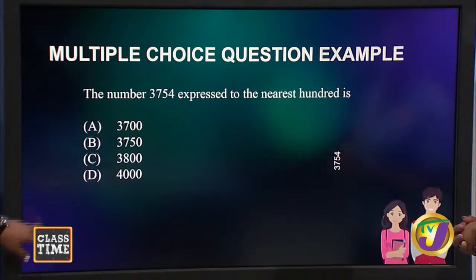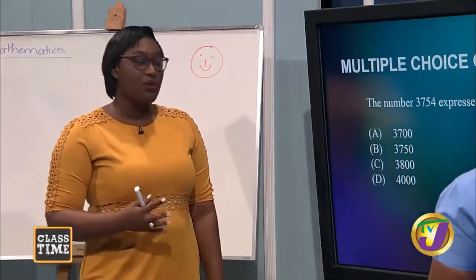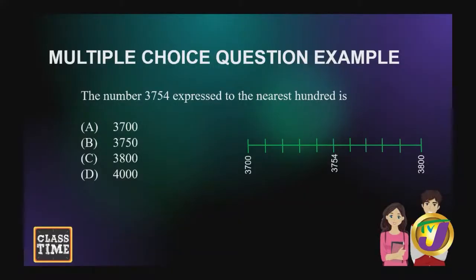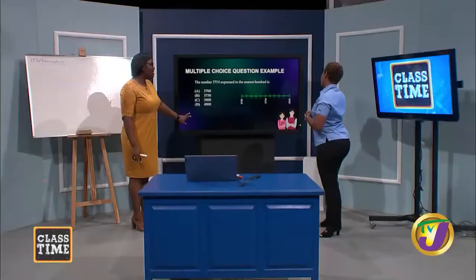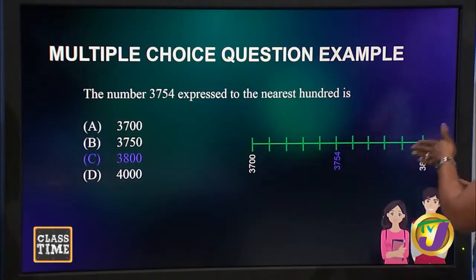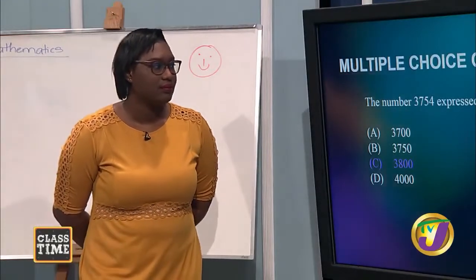All right, so let's take a look again. We're going back to our number line, and we're going to place our number on our number line. For the nearest hundreds, we're close to 3,700 or 3,800. Brittany, before you move on, it's halfway in there. Because it's halfway, why couldn't I just call it 3,700?